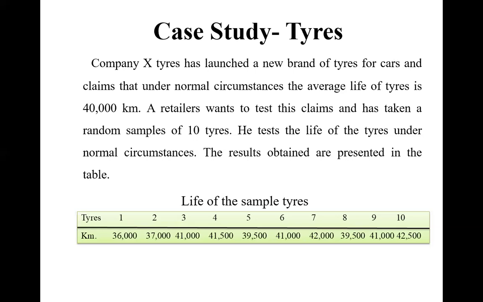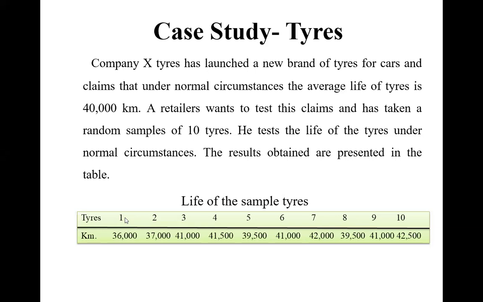Who is claiming? The retailer is claiming that if you buy this brand of tire, it will run at least 40,000 kilometers. A retailer wants to test this claim and has taken a random sample of 10 tires. He tests the life of the tires under normal circumstances, and the results are presented in the table.